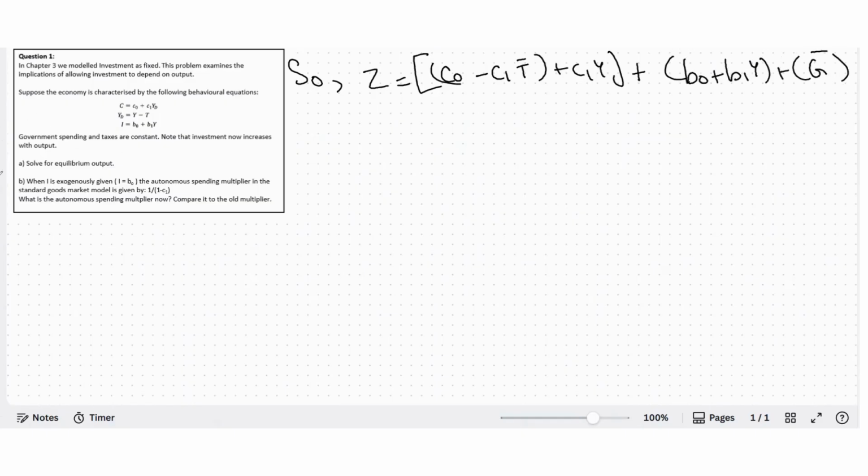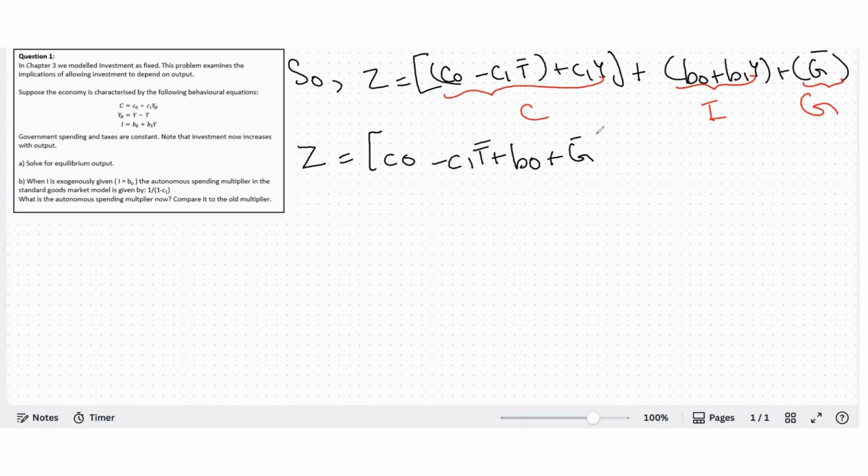So this is what C is, this is I, and this is G. Right, so if we just simplify this a bit, where we combine like terms, the terms without Y and the terms with Y, we get c0 minus c1 T bar plus b0 plus G bar plus (b1 plus c1) Y.